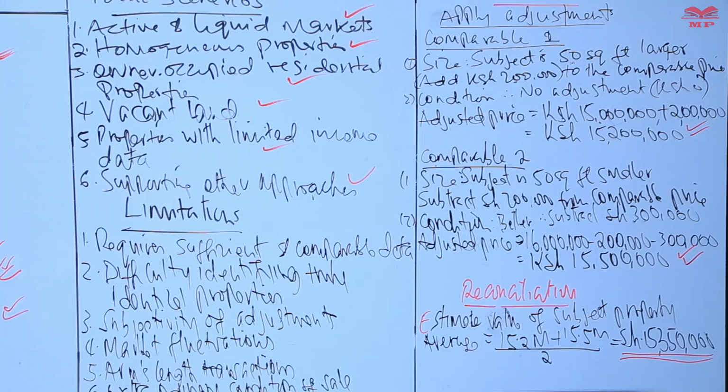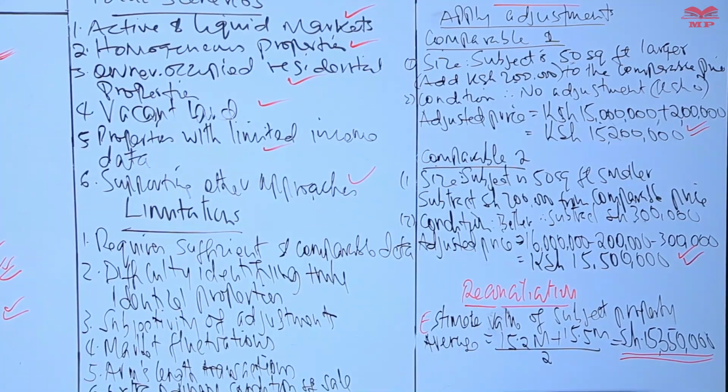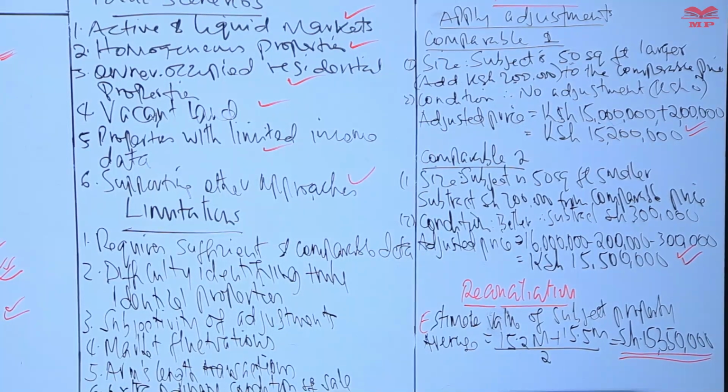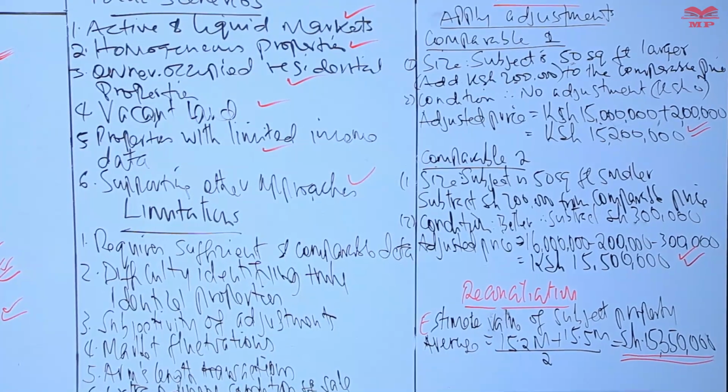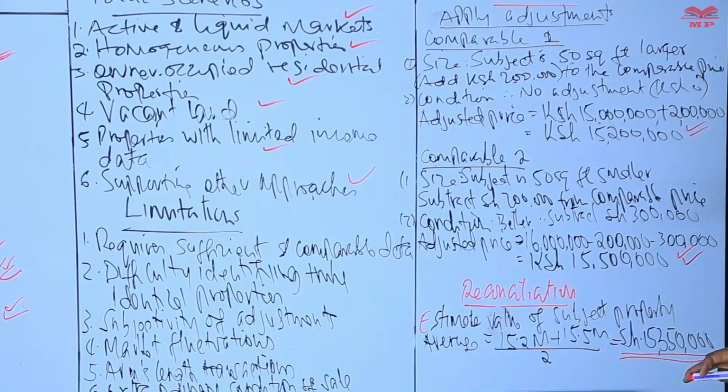We are just using this simplified example to help you understand the procedure. But in a real appraisal, the analysis would potentially involve more comparables, could be 10 or even 15 comparables, and more adjustments based on a thorough market research in Kilimani Estate area.